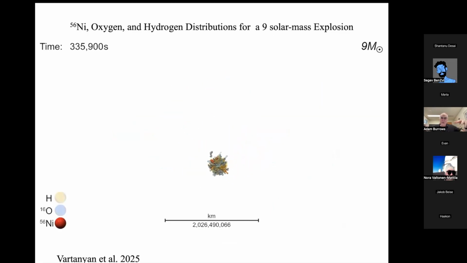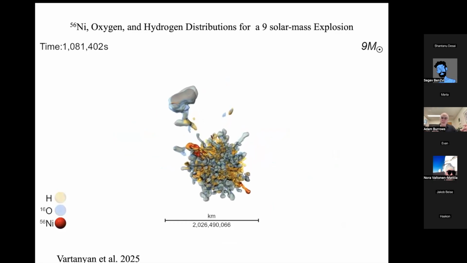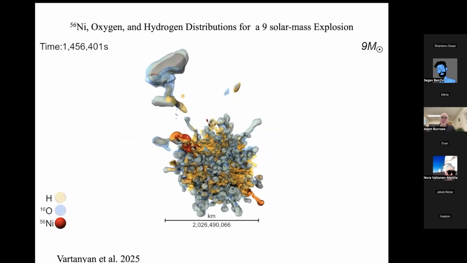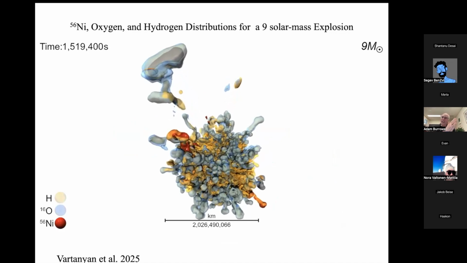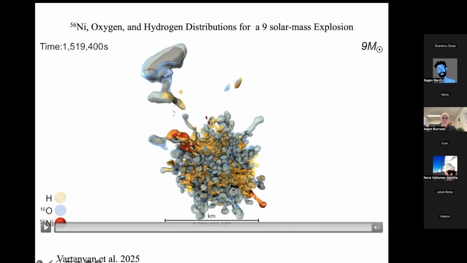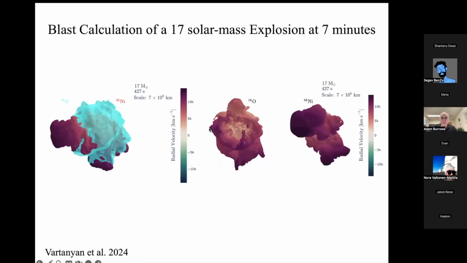As the blast wave moves out, you can see how it's fracturing into smaller structures. There's still a large scale structure, and the dipole direction of the original explosion is preserved. And the red is again nickel, the bluish is oxygen, and we changed the color scheme unfortunately on this one.